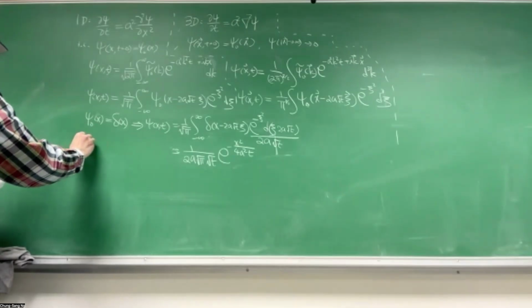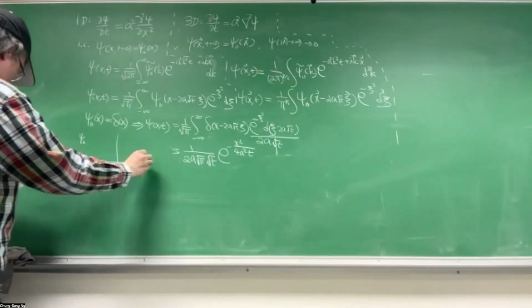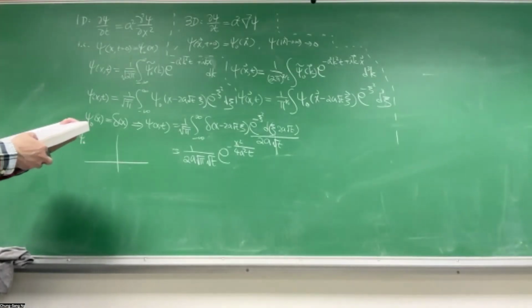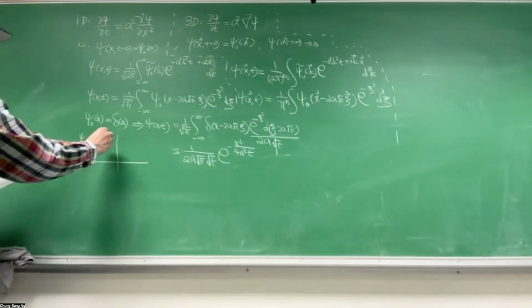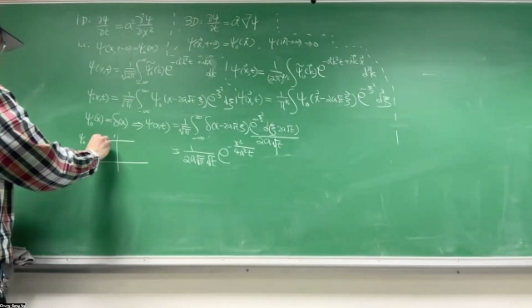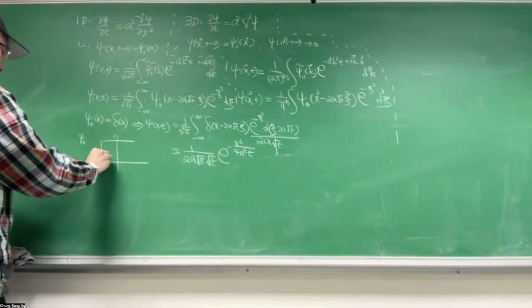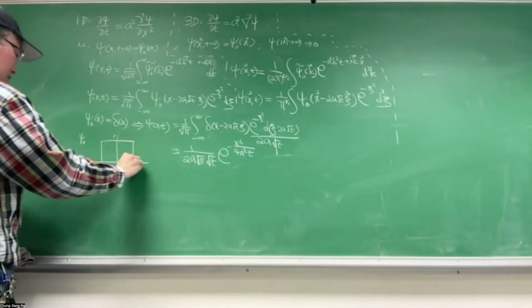Let's look at that. The initial psi 0 is 1 between minus 1 and 1. So it is 1 initially, and at x equals minus 1 and 1 it drops off.